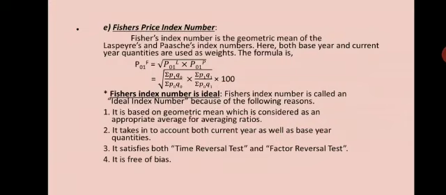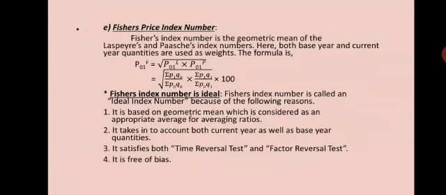The Fisher's index number is an ideal index number, and it is called an ideal index number because of the following reasons. The first reason is it is based on geometric mean, which is considered an appropriate average for averaging ratios.